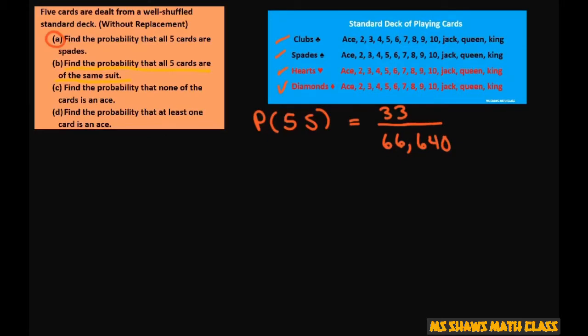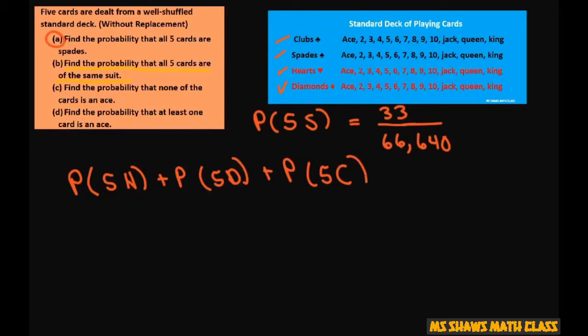So for our probability of 5 of any suits, that's going to be basically probability of 5 hearts plus probability of 5 diamonds plus probability of 5 clubs plus probability of 5 spades.